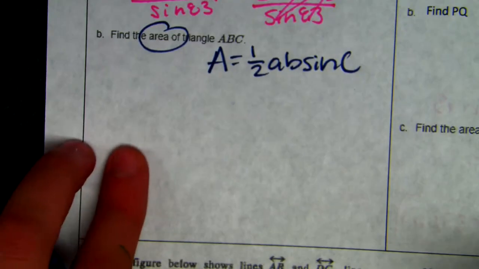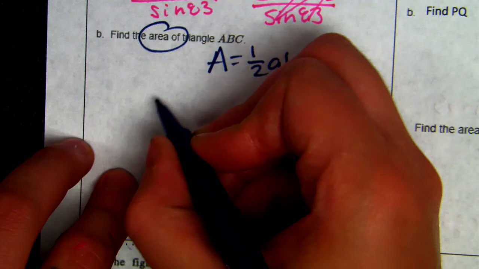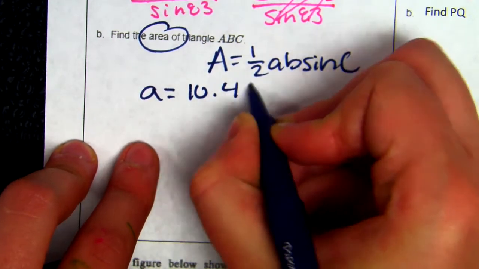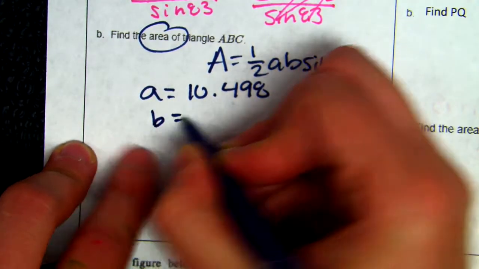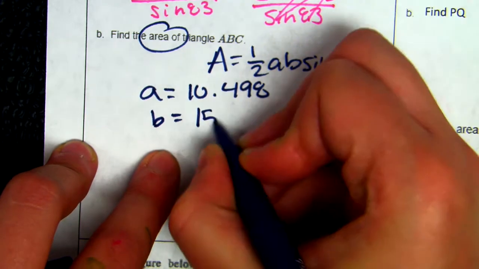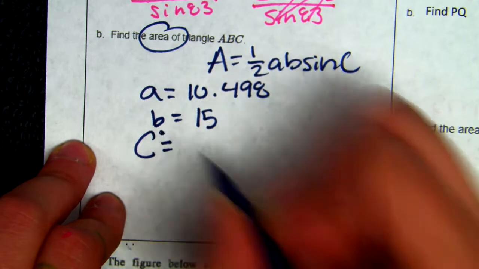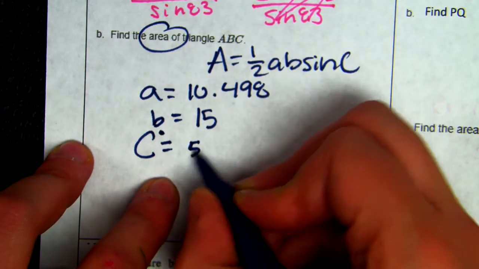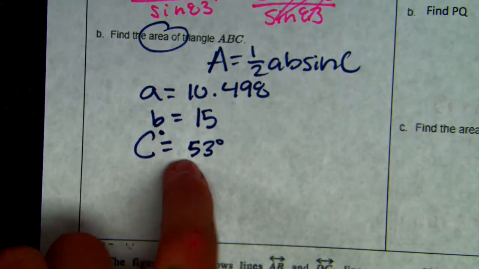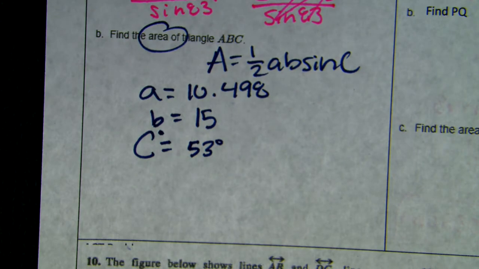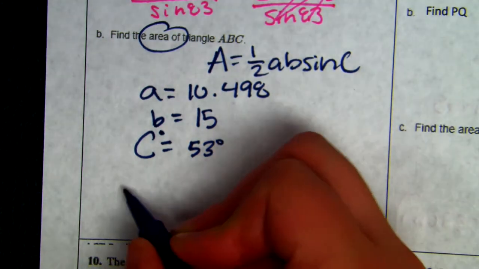Going back to the bottom, I know that A is going to equal 10.498, B is going to equal 15, because those are the two sides I have, and capital C is going to be 53 degrees, because I calculated that using the identity that all angles in a triangle add up to 180 degrees. So now I can fill in my formula.